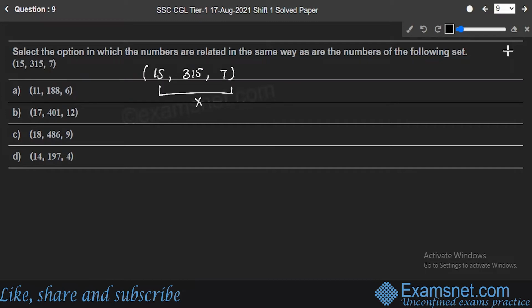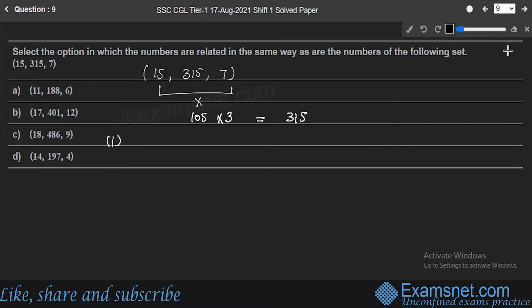If you multiply both of them and after the multiplication, you multiply by 3. After the multiplication of these two numbers, first of all, you will get 105. Then again, you are multiplying this 105 with 3, then you get 315. Let's see in which of the following options this is being met.